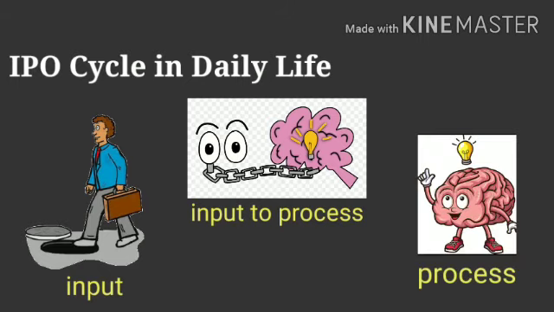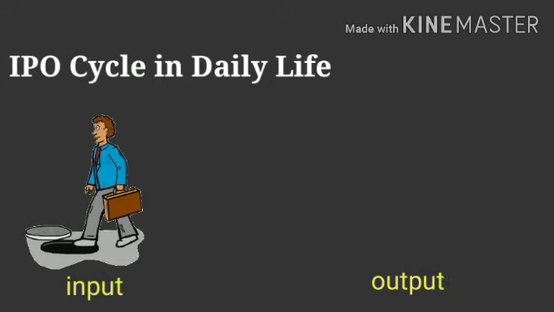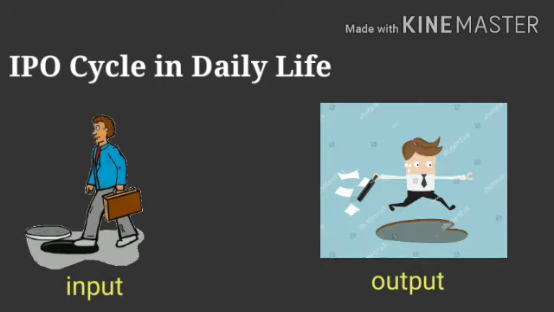After that, our brain processes and calculates the collected data. It will realize that we can fall and hurt ourselves and it is best to avoid it. So the brain sends the output message to the legs and we safely jump over the hole.